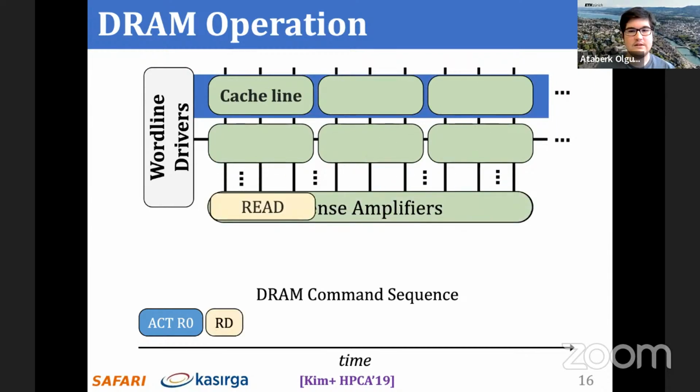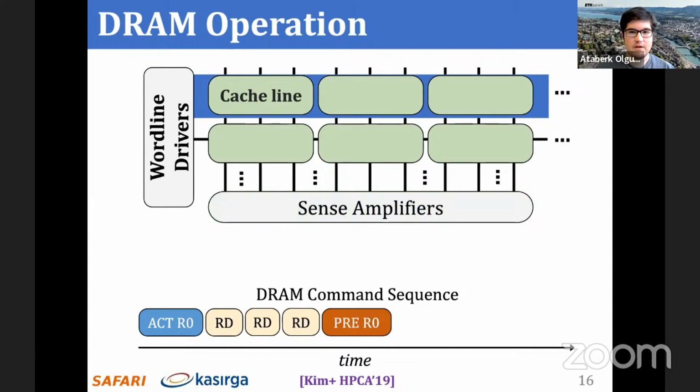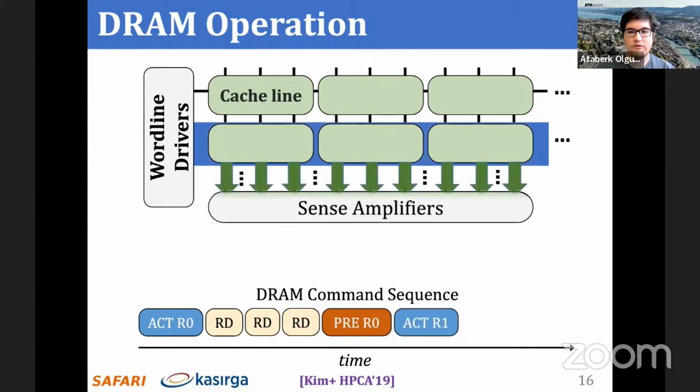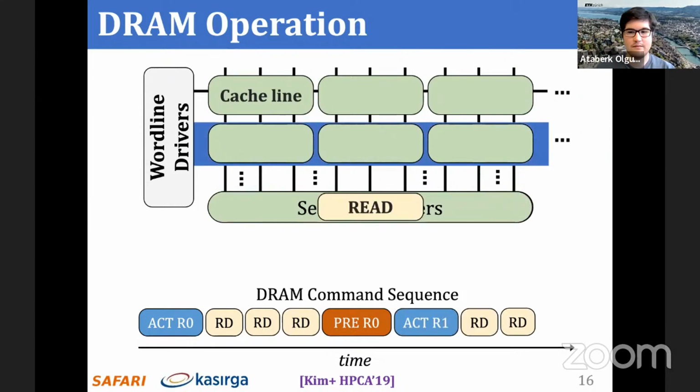At this point, we can read data at cache line granularity from the sense amplifiers by sending read commands. To access another row, we must first precharge the DRAM bank, which closes the open DRAM row and sets the bitline voltage to half VDD. We can now activate the second row before we read data from it.